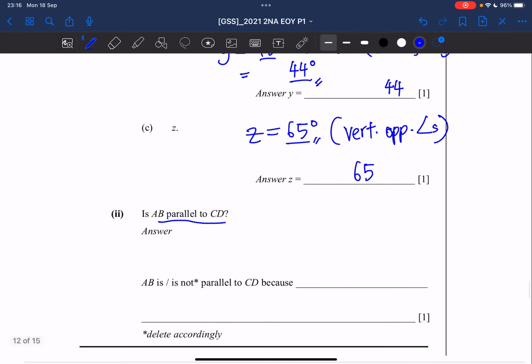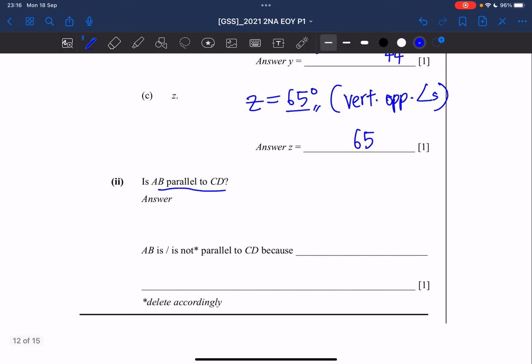So what happens is we say they are not. So this one delete off, then cancel.